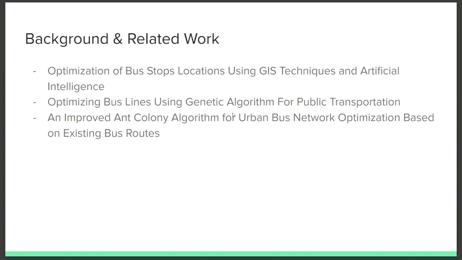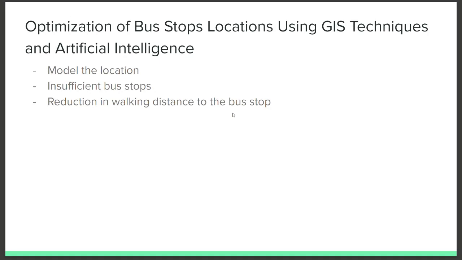We'll look into three related works on bus route optimization: the optimization of bus stop locations using GIS techniques, optimizing bus lines using the genetic algorithm, and implementation of the Ant-Colony algorithm for bus network optimization. The first study used a GIS technique to model the location of bus stops in Amman, a city in Jordan, to find optimal travel time and serviceability of stops.